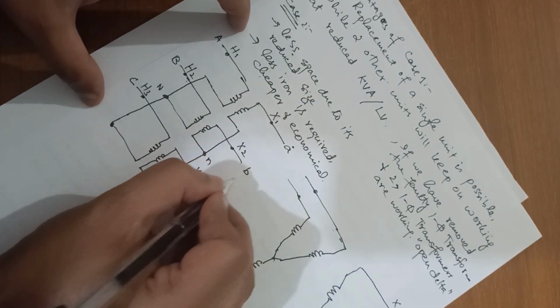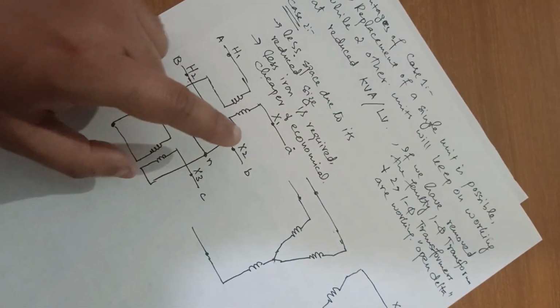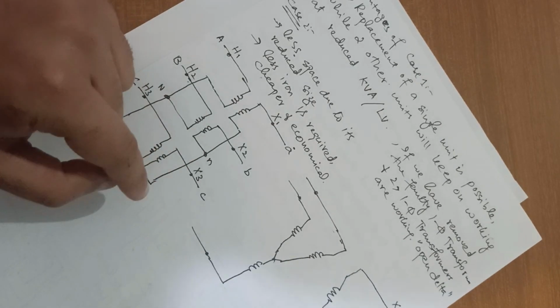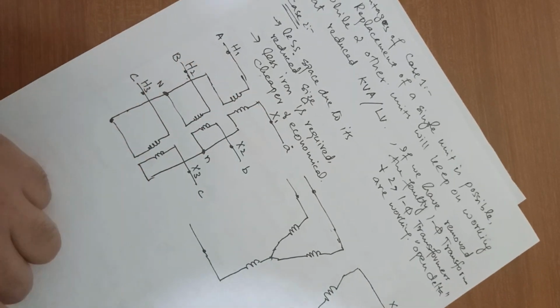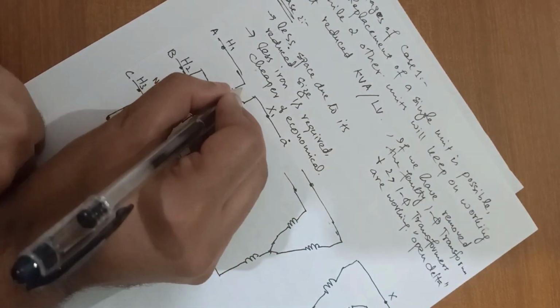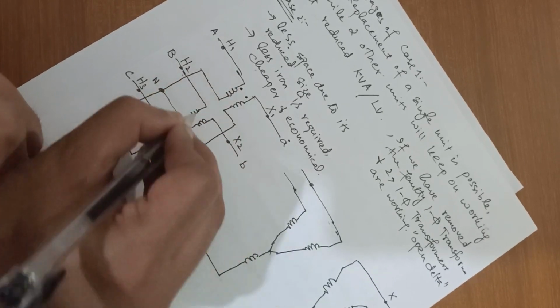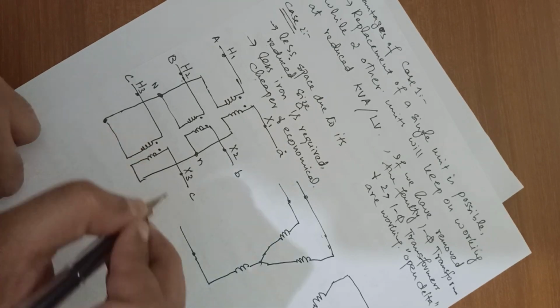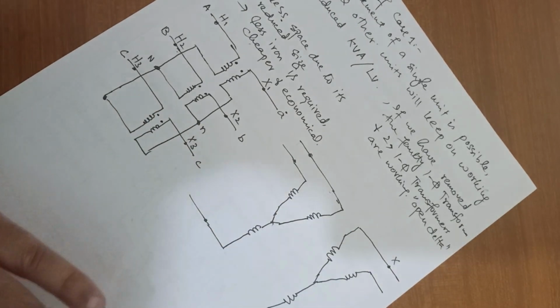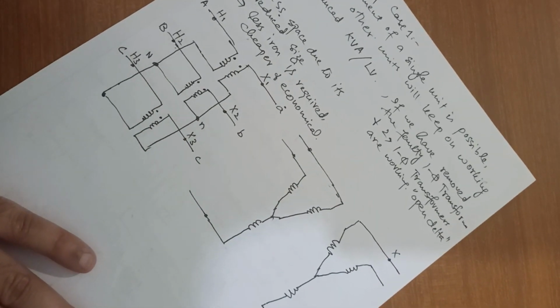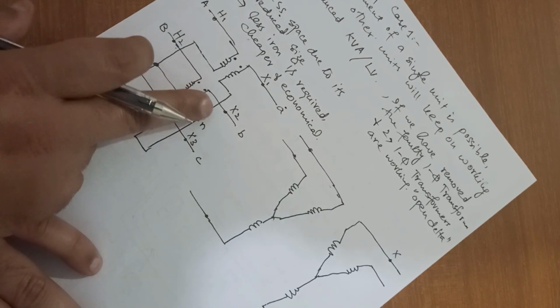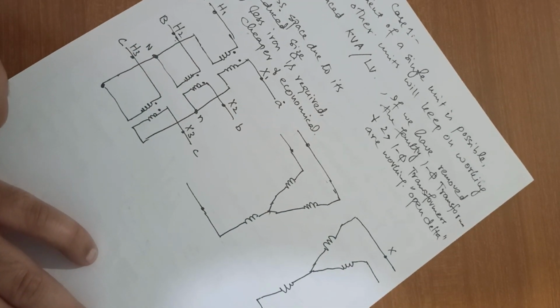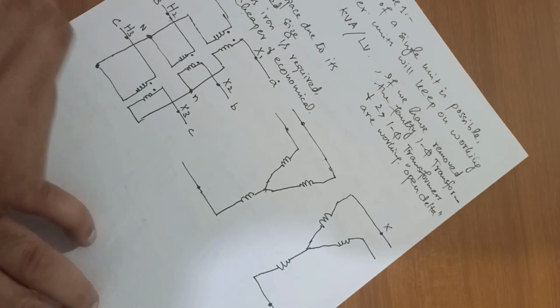The terminals on the secondary side are represented with small letters, right? Along with the small letters, don't ever forget to mention the polarity here, as most students often forget to mention this polarity. These dots show that these have the same polarity, right?